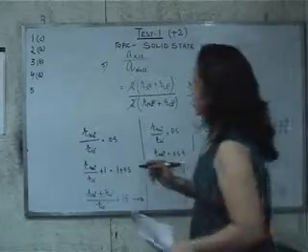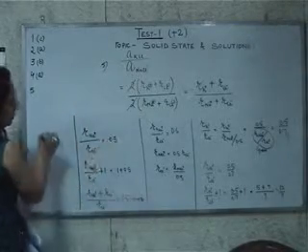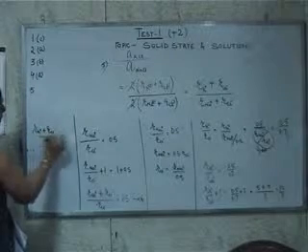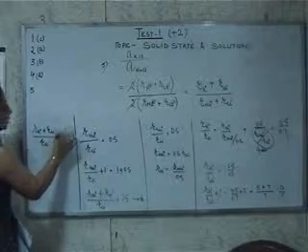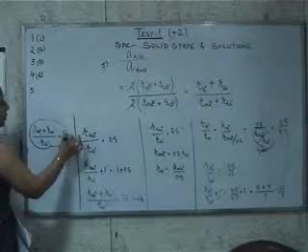This equation is now becoming radius of potassium plus radius of chloride upon radius of chloride is 12 by 7. This is now your second equation.